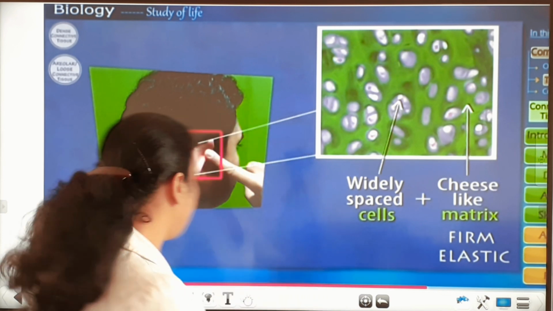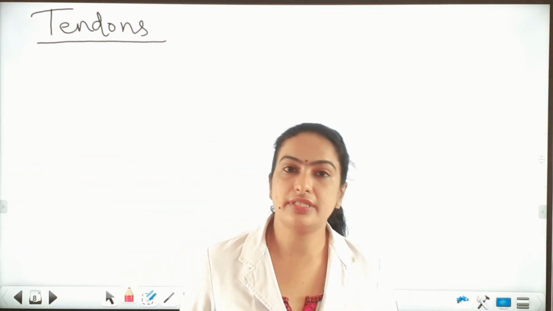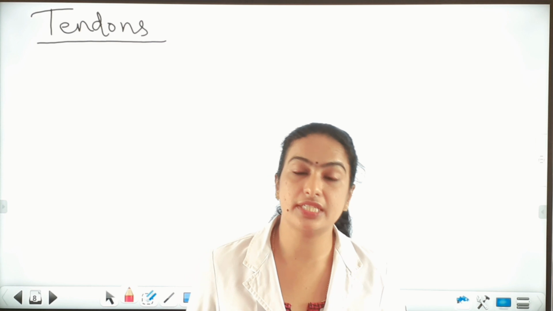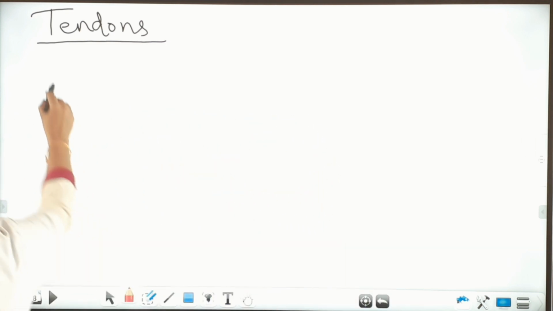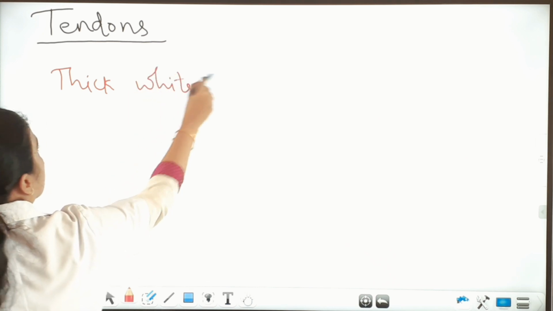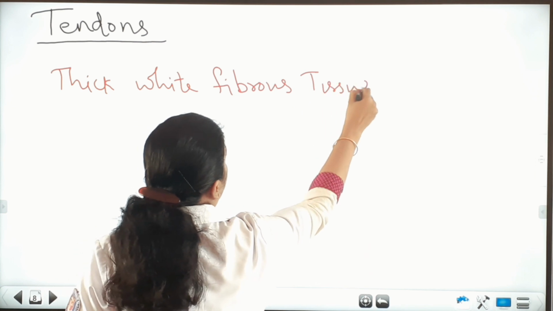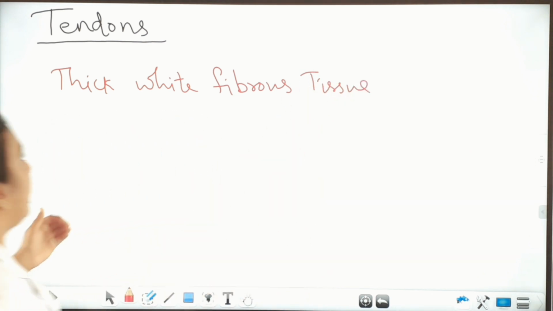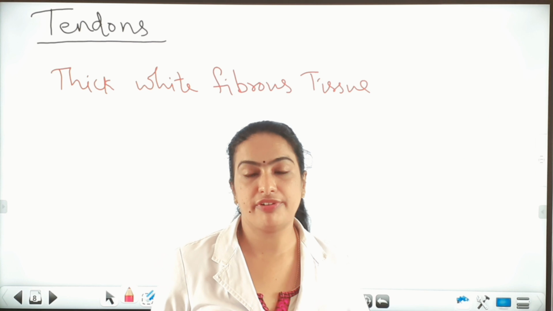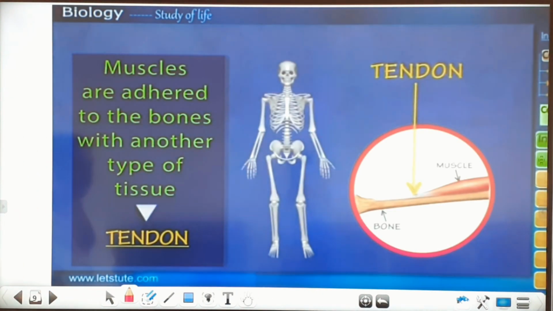Next, we can see tendons. So, tendons are another type of connective tissue. It is made up of thick, white, fibrous connective tissue. Here, I will show you the tendons. These tendons connect muscle to bone.